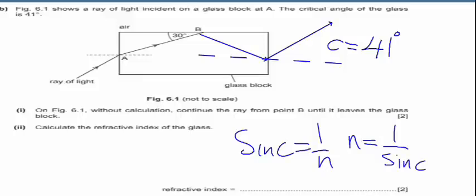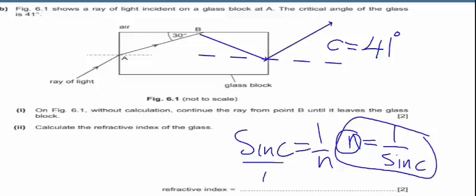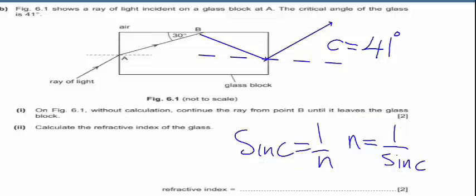When you make the refractive index the subject of the formula, you need to have something like this. So refractive index is going to be equal to 1 divided by sin critical. In this case, sin critical is just 41 degrees.